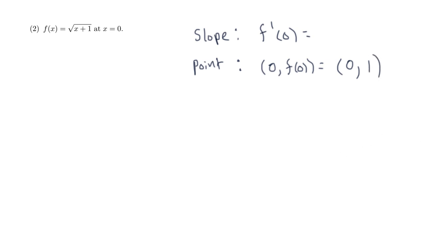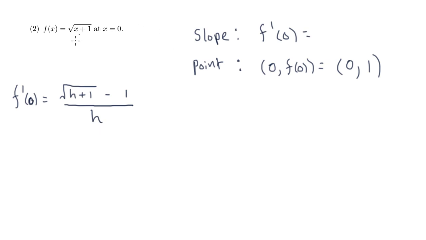So let's find the slope. Let's find the derivative. So f prime of 0 is just going to be the limit of square root of h plus 1 minus 1 over h. Okay, and so why is that?